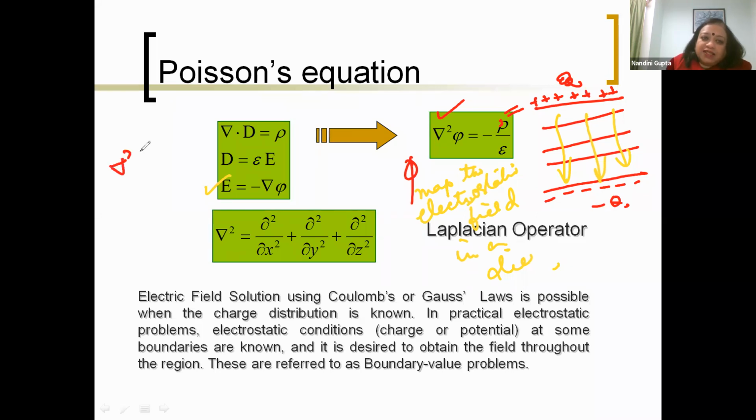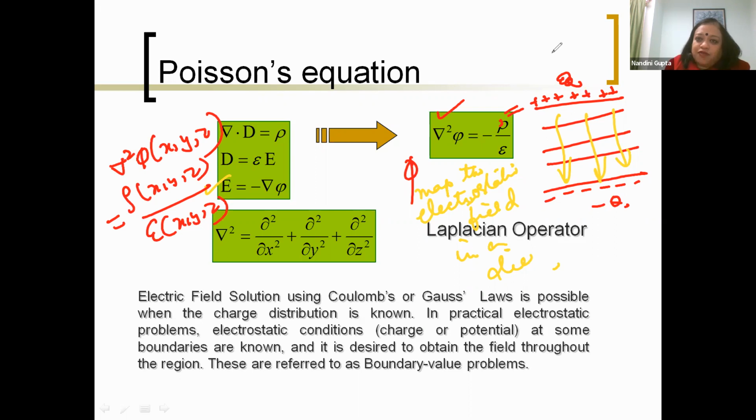What we are doing is solving del square phi as a function of xyz, which is equal to rho as a function of xyz divided by epsilon as a function of xyz. This means if I'm trying to find the potential phi at this point xyz, it will depend on rho at this point and epsilon at this point, which is not plus q.